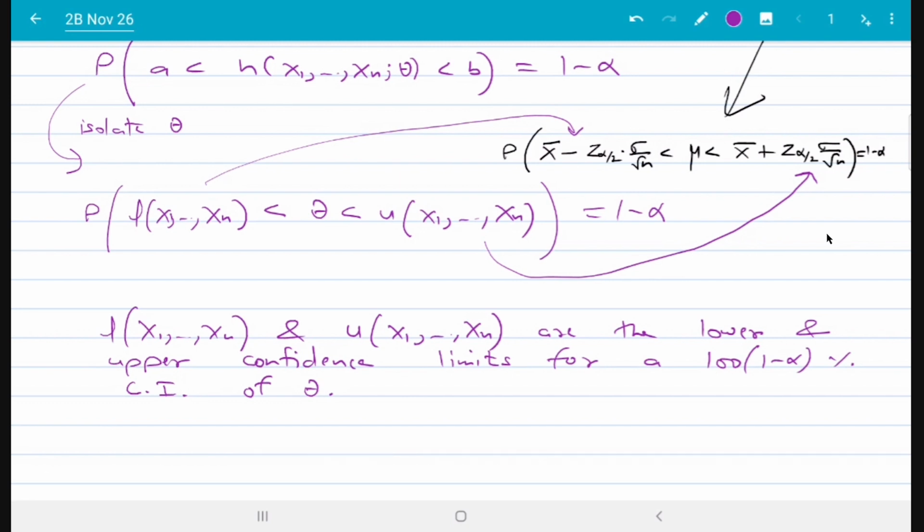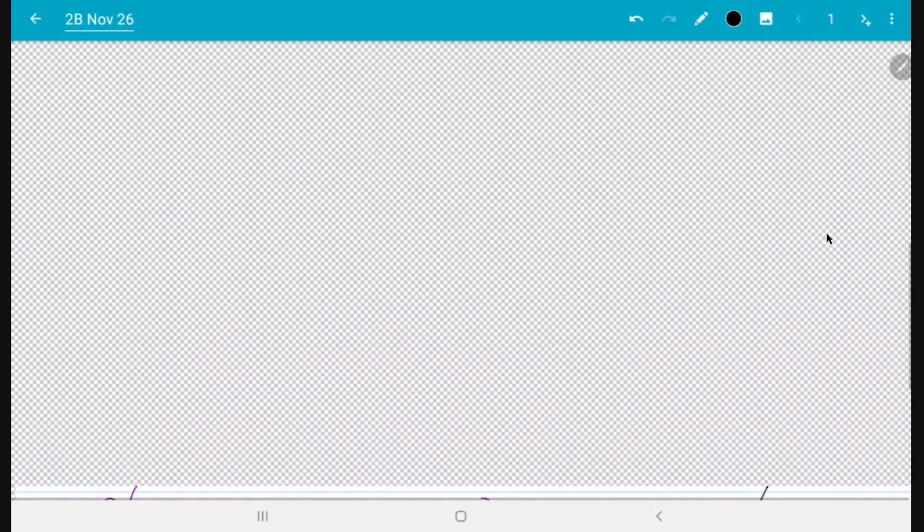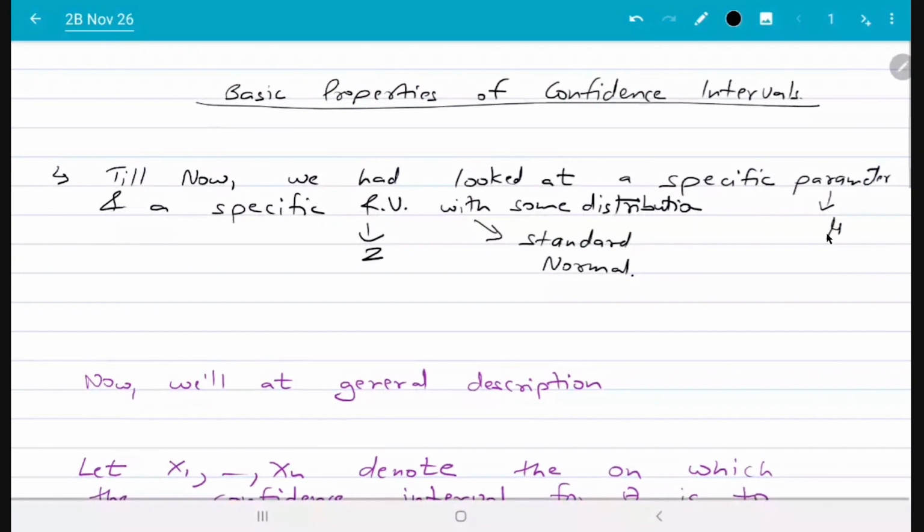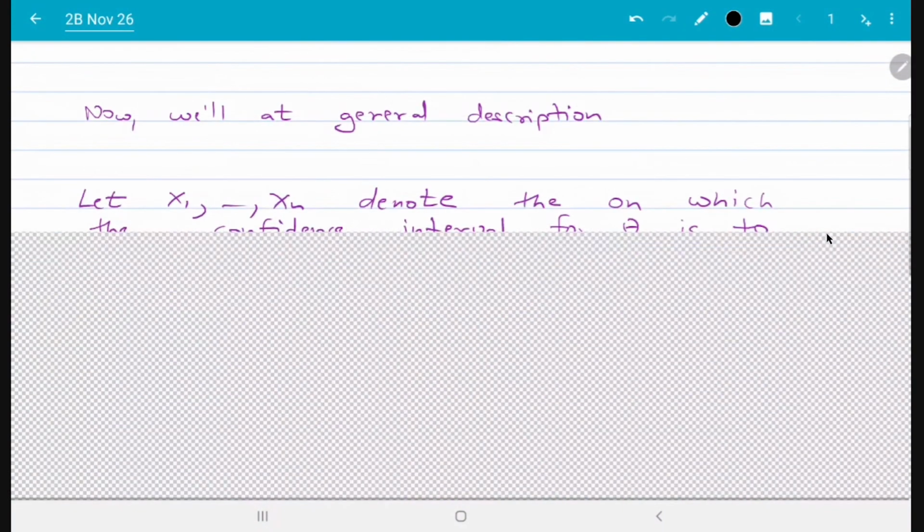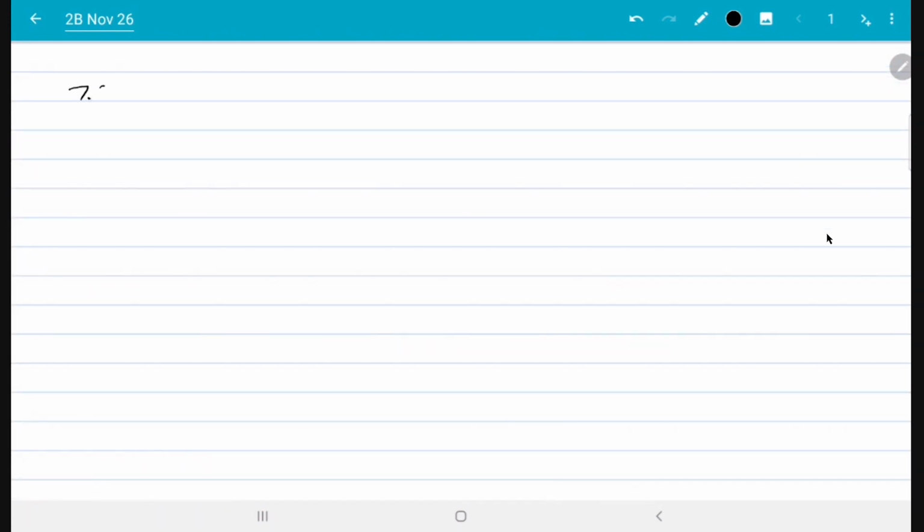Next, move to section 7.2. This was 7.1. So I'm doing the first half of 7.2, which is large sample.